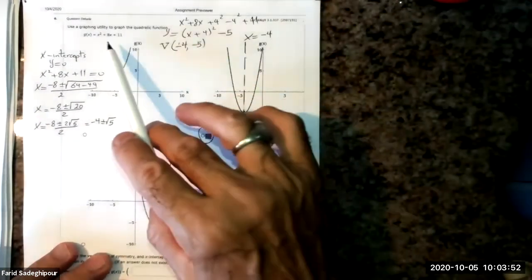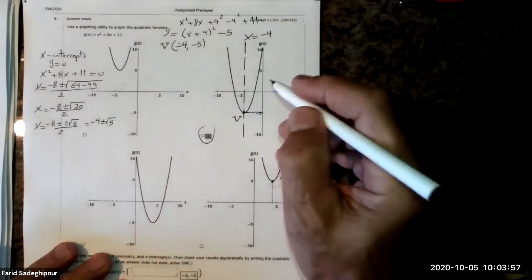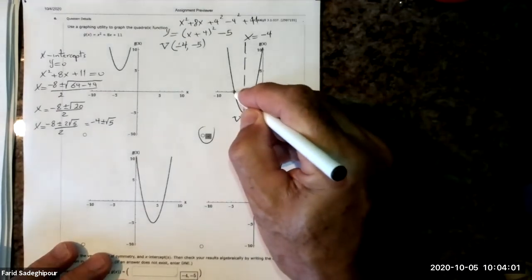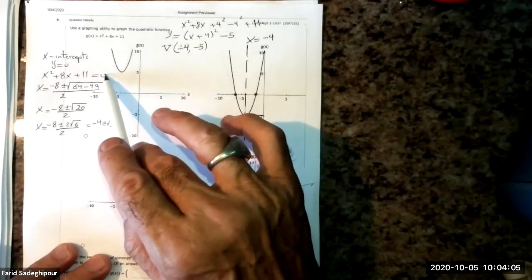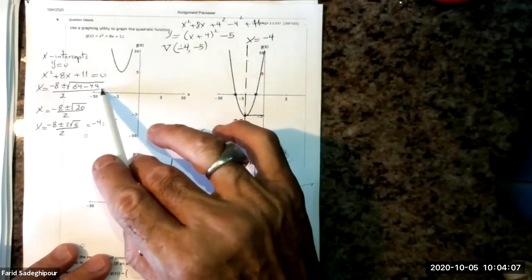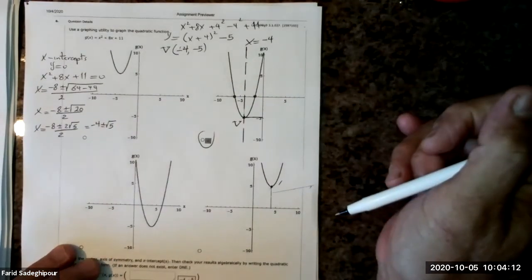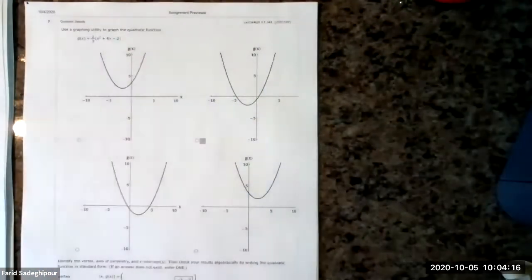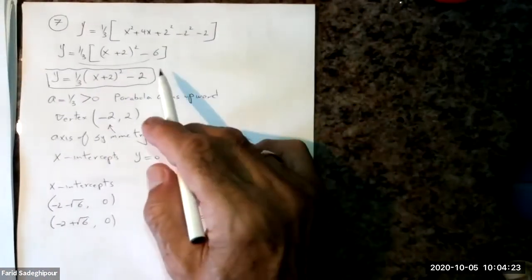If they ask you to find the x-intercept, it's the place where your parabola would hit the x-axis. These are your x-intercepts. If they ask you to do that, take the whole function, set it equal to 0, use the quadratic formula, and find your values. This one, you need to use a graphing calculator if you want, but I'll show you the hand calculation for that problem number 7.